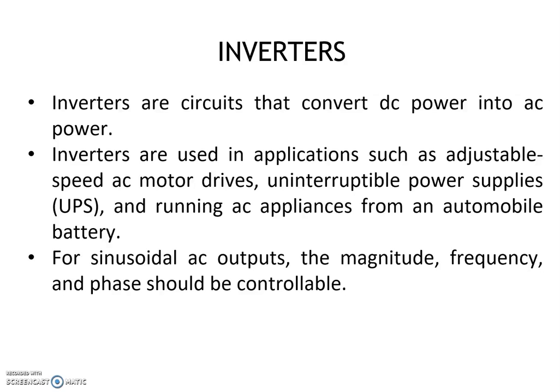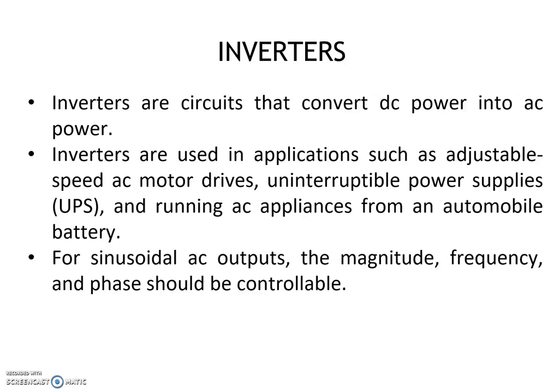Inverters are also used for induction heating, and in uninterrupted power supplies, UPS, for computers. Also, they are used in HVDC transmission lines. These are the major applications of an inverter circuit.